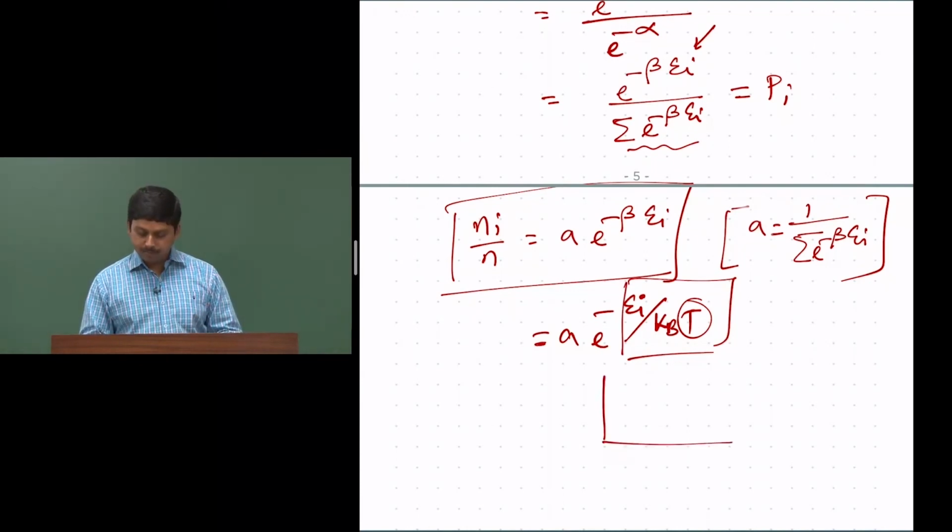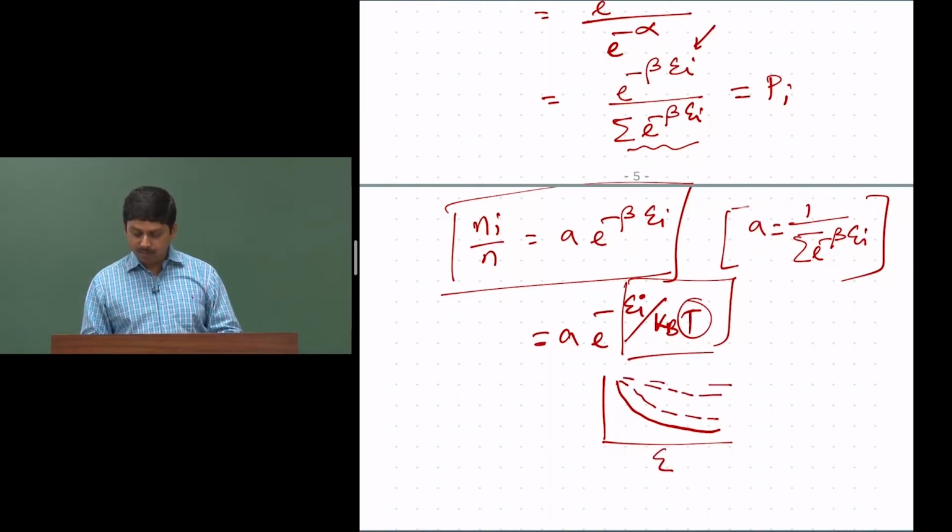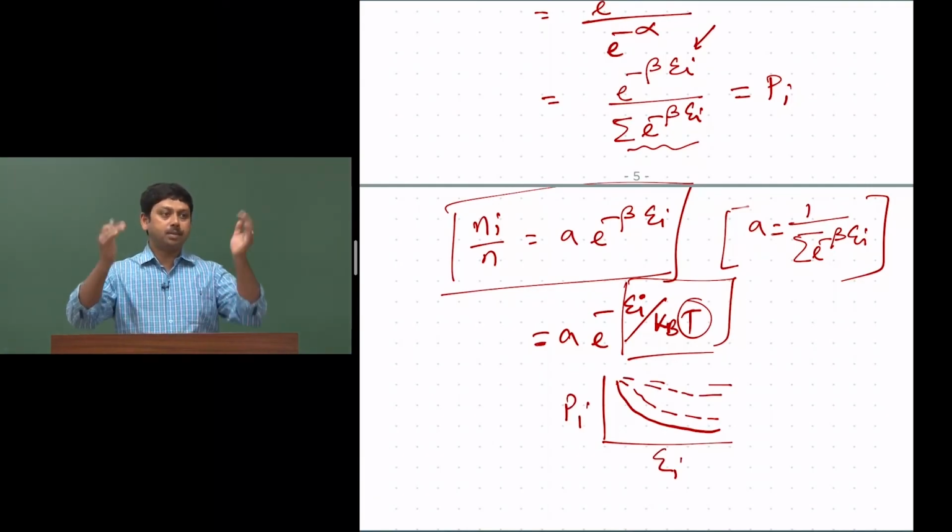For example, say there is a particular distribution at some temperature. If the temperature increases, then 1 by kBT becomes even smaller, so the decay rate will be even smaller, and for different energy levels your probability distribution can become more and more equal as the temperature becomes higher and higher.